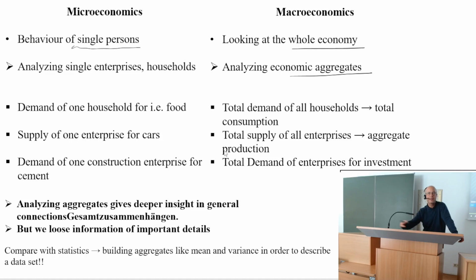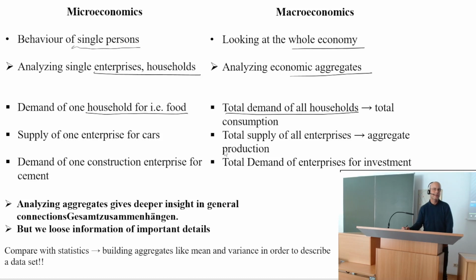We analyze unemployment in general, not only looking at one unemployed person. Here we look at single enterprises or single households. In microeconomics, maybe you said the demand for chocolate, the demand for bananas, or in general the demand of one household for food. And here the total demand of all households.